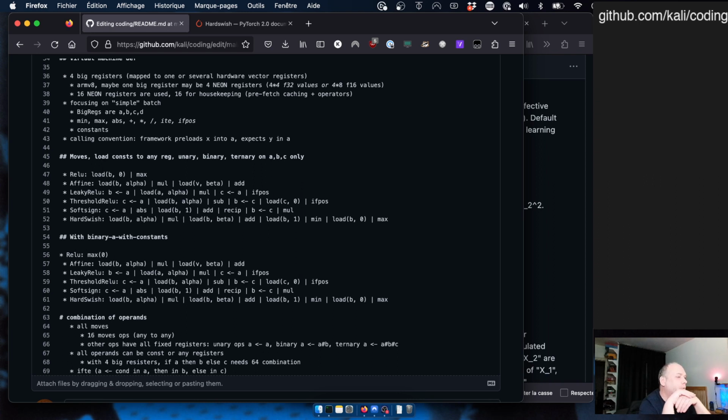So it will always be binary A with a constant. I'm not sure how to write this, but maybe A times K. Okay, so here we're doing mul alpha instead of this, and add beta.